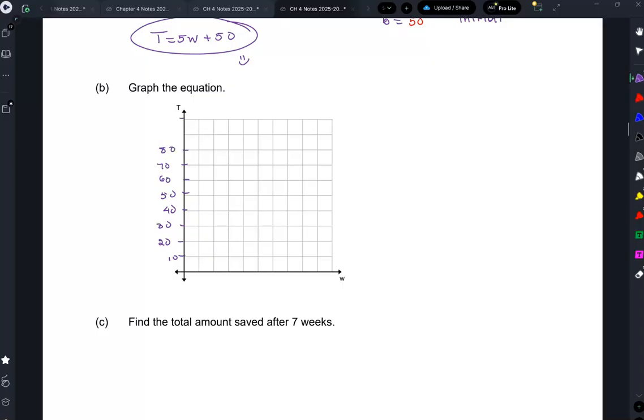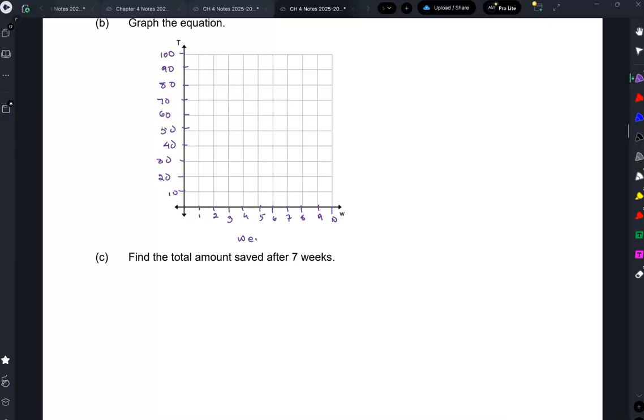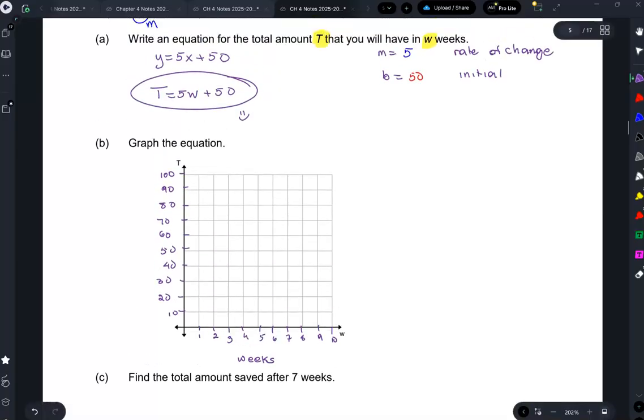And it goes all the way to 100. And then this will go by ones, because it's like $5 a week. And you see how this is W and this is T? So this is number of weeks, and this is amount saved.